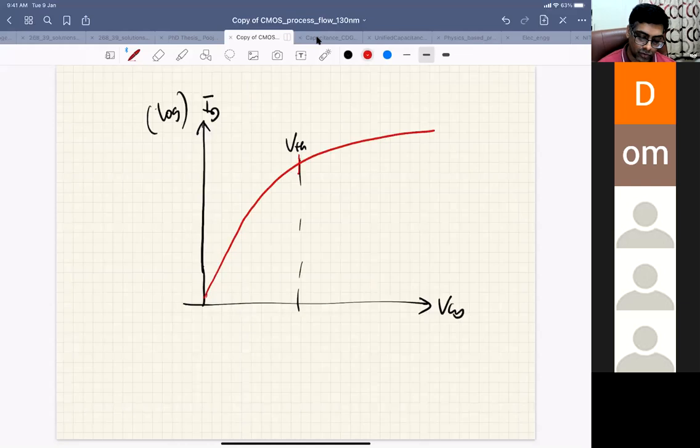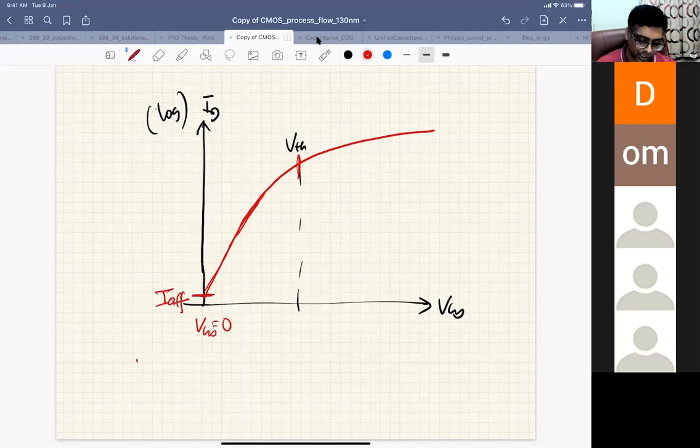So below threshold voltage, your current falls exponentially. Why it falls exponentially, we'll discuss in the next class. And this point, when VGS equal to 0, this current we call the off current of the transistor, right? So at gate voltage of 0 volt, whatever current we have, that current is the off current.